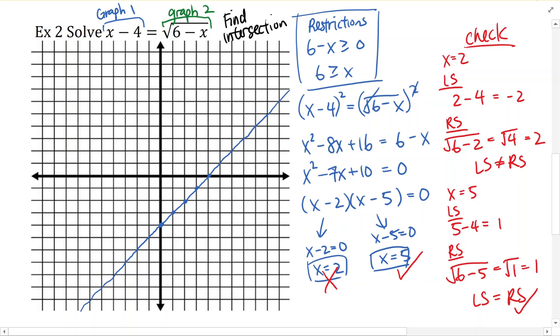And graph 2. We need to be kind of careful here. That 6 is in a different spot, so we're going to rearrange it back to the way we're more familiar with. We have root of 6 minus x.